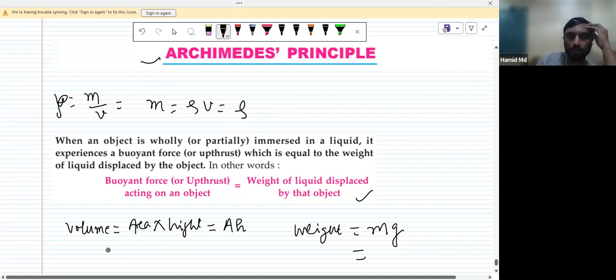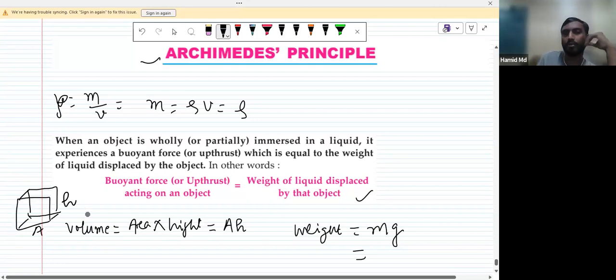What is volume? The volume of any object is just the area into height. So area is A and height is H. So V is A into H. Just replace it. Weight will be rho V into g.